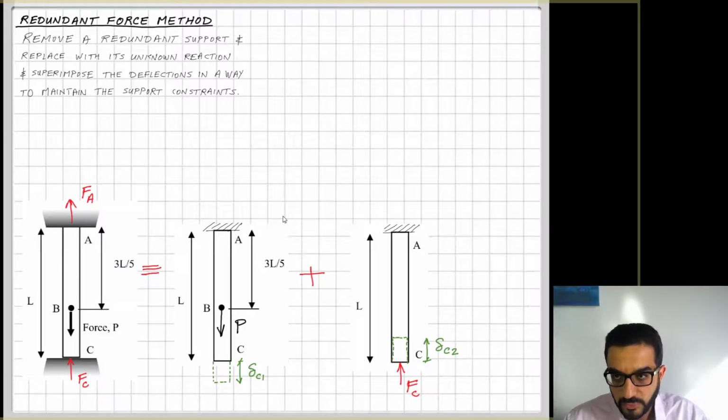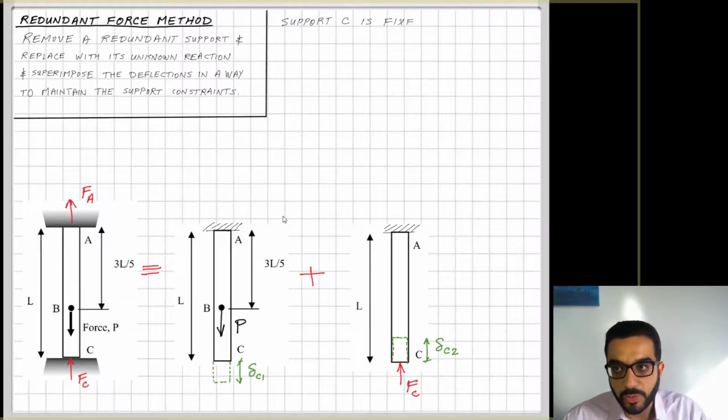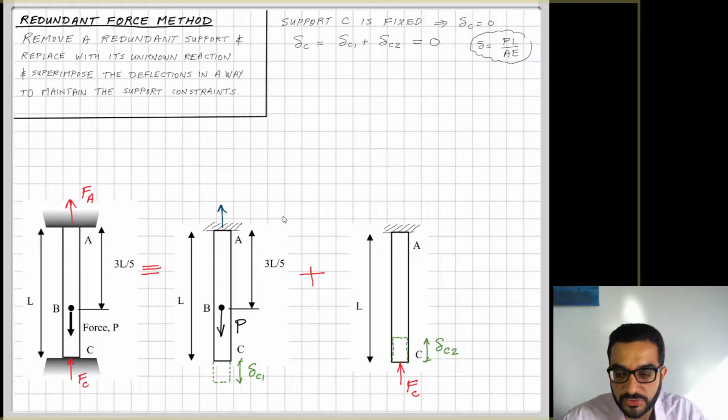Now I guess you know where I'm going with that: support C is fixed, so delta C in the original case should be equal to 0. From the superposition concept, delta C is equal to delta C1 plus delta C2. So I can conclude that delta C1 plus delta C2 is equal to 0, or they are equal and opposite in direction.